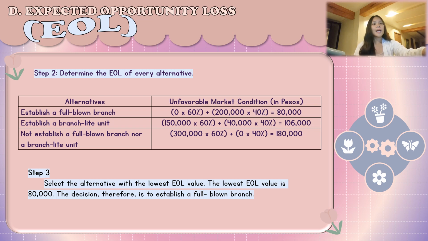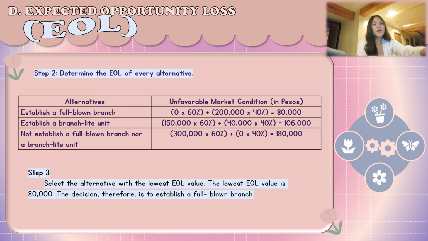So 0 plus 80,000 is equals to 80,000. 150,000 times 60% is equals to 90,000, whereas 40,000 times 40% is equals to 16,000. 90,000 plus 16,000, we come up to 106,000. 300,000 times 60% is equals to 180,000. 0 times 40% is equals to 0. So, 180,000 plus 0 is equals to 180,000.